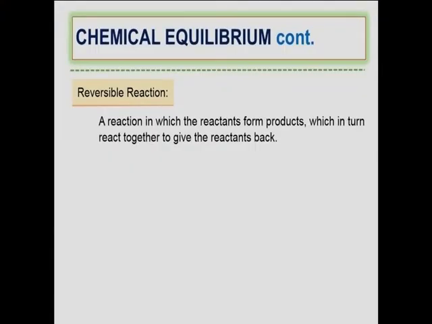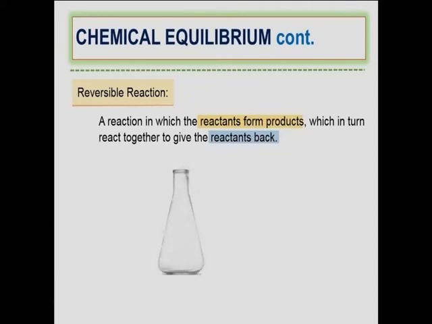The next important reaction that you need to understand is the reversible reaction. It is a reaction in which reactants form products, and the products react back to give the reactants. This type of reaction we call a reversible reaction.